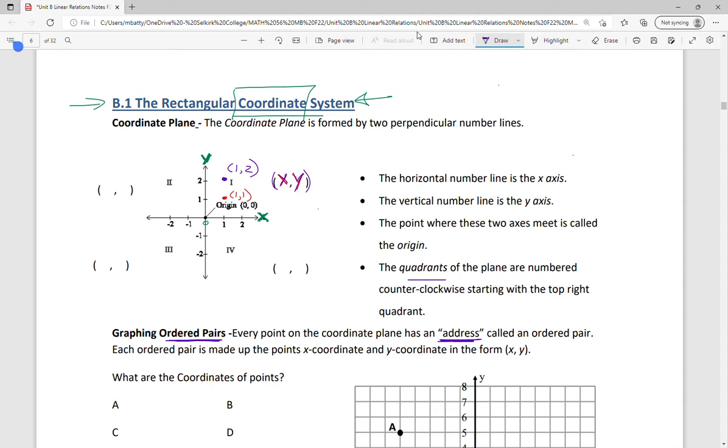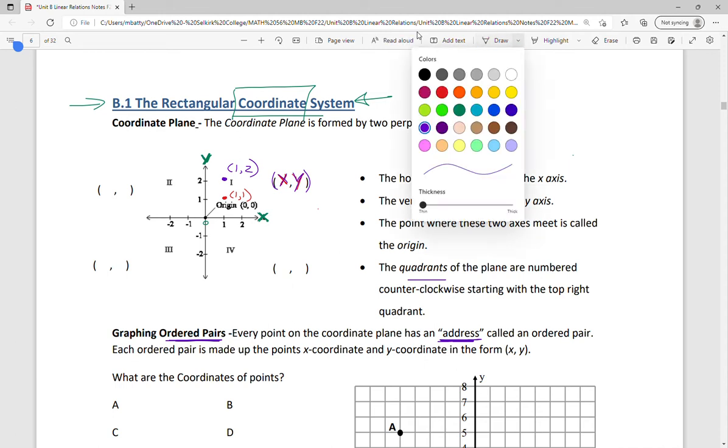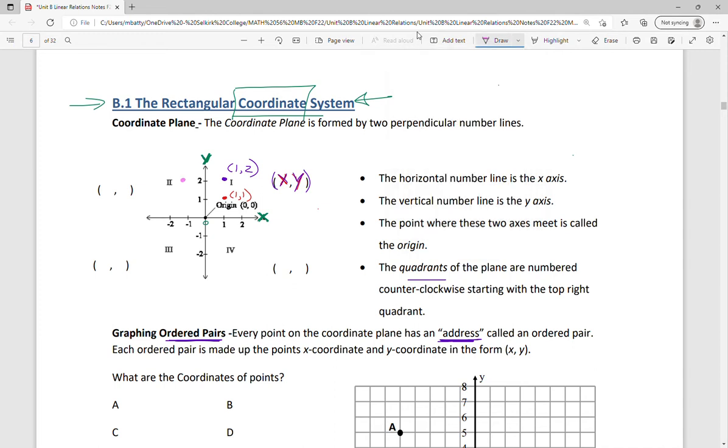So if we do a few more examples to illustrate this, over here in quadrant 2, I'll switch up colors again. Maybe I'll go to pink. So if I have a point right there, that's going to be -1 on the x and a +2 on the y. Everything over here is going to have a -x address and a +y address.